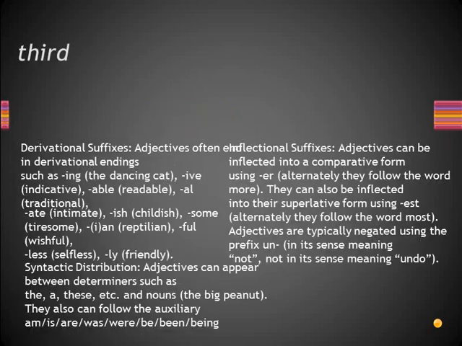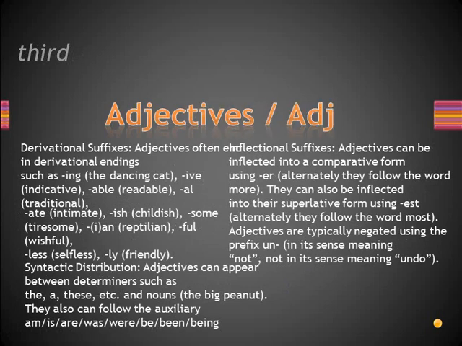Now let's go next to adjective. I think adjectives are also very popular, and we have derivational suffixes for adjective and also inflectional suffixes. Look at the derivational suffixes. We have ing, like the dancing cat.